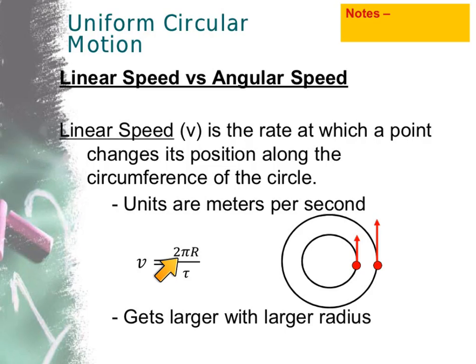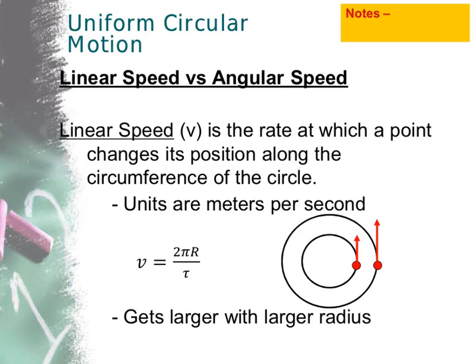Well, 2 pi r, that is equal to the circumference of an entire circle, right? And it takes one period, tau, to go around that circle, so of course the linear speed is going to be our total distance divided by our total time. And that's how we come up with that formula, v equals 2 pi r over tau.